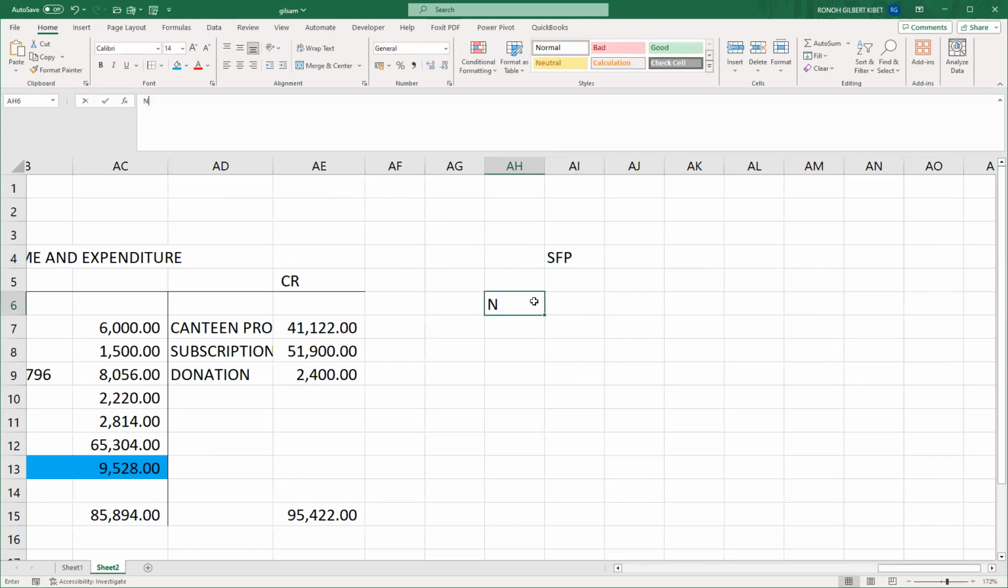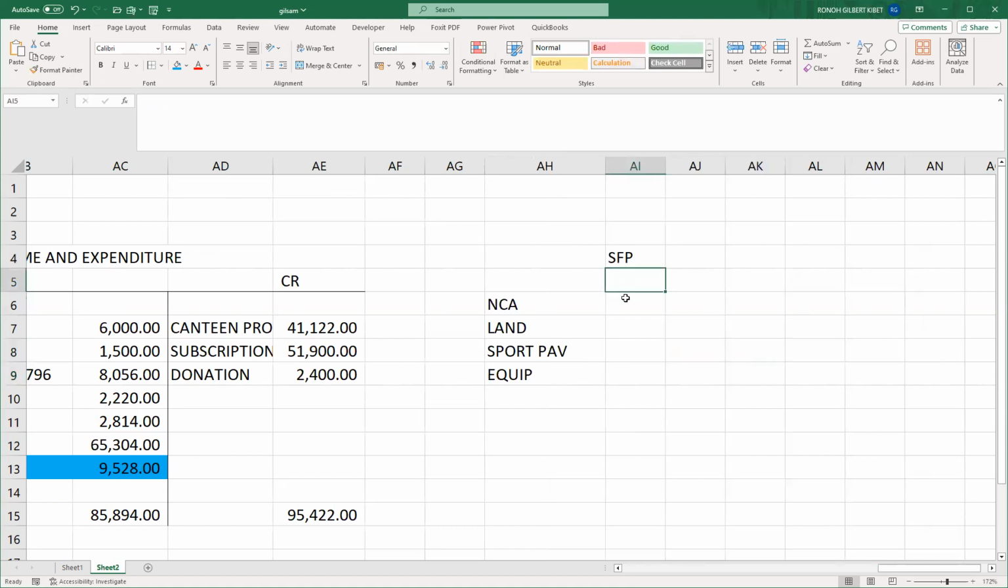We will start with non-current assets, where we have land, the sport pavilion, and equipment. To be on the safer side, you can have cost, then accumulated depreciation, and then the net book value.